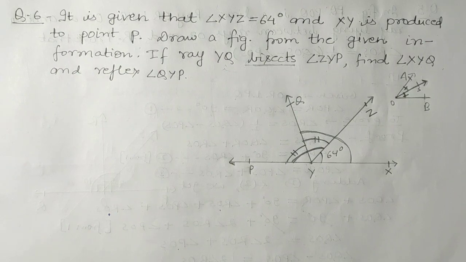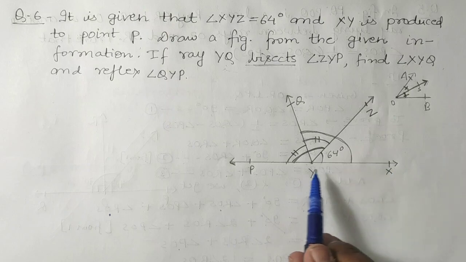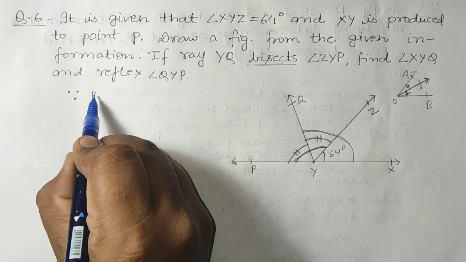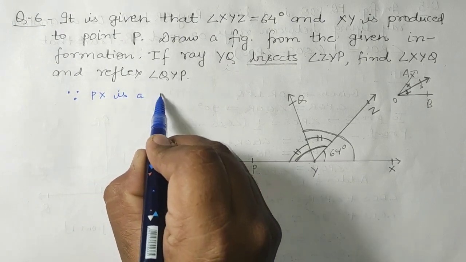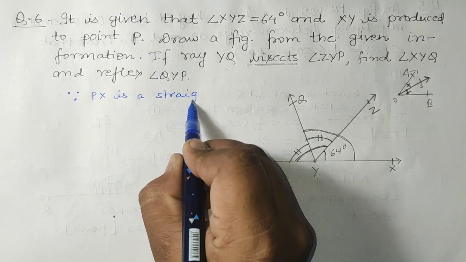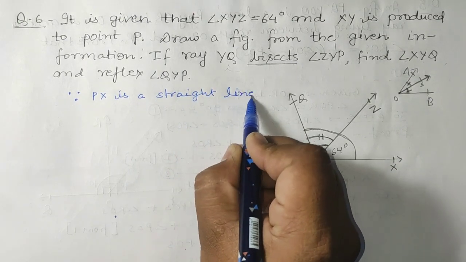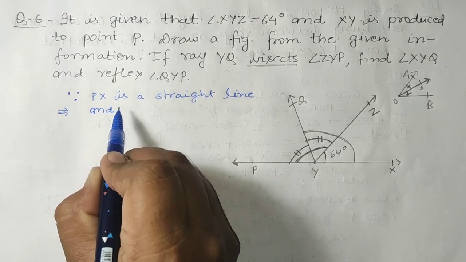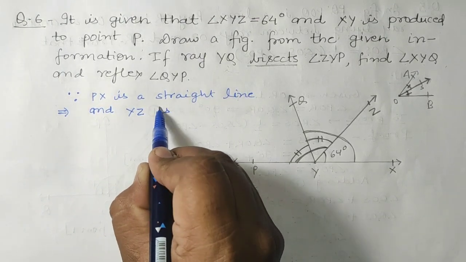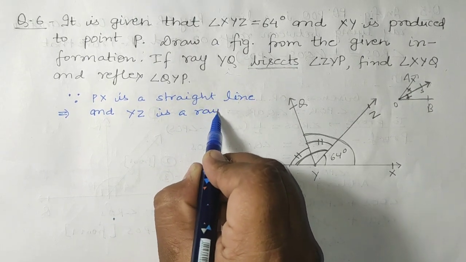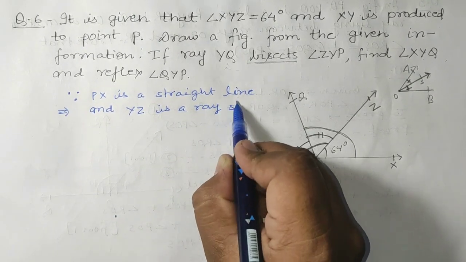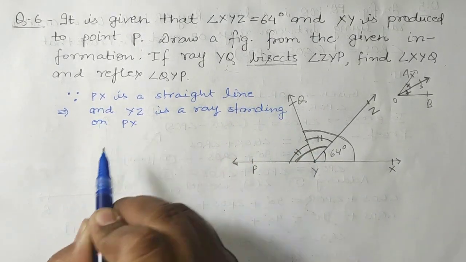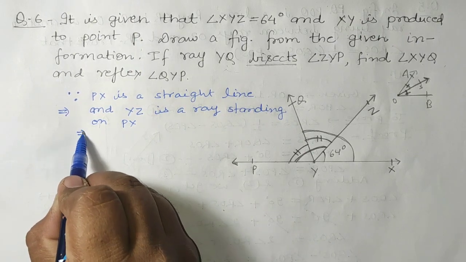See students, firstly we'll write that since XP or PX is a straight line, and YZ is a ray standing on PX, what will this imply?